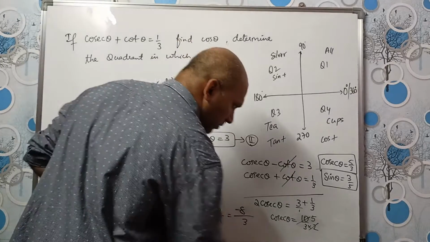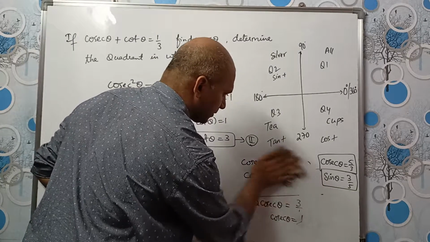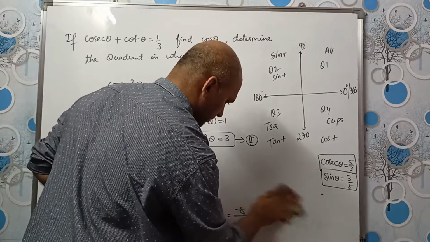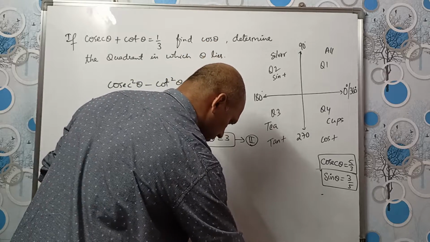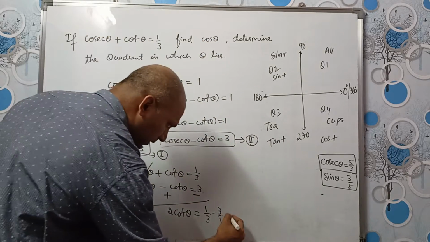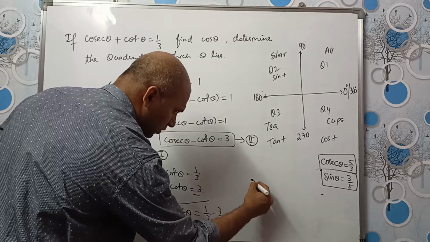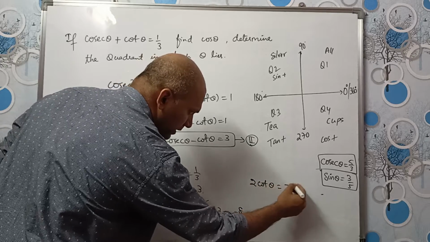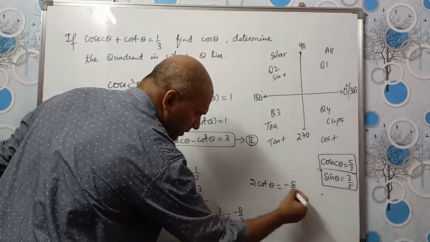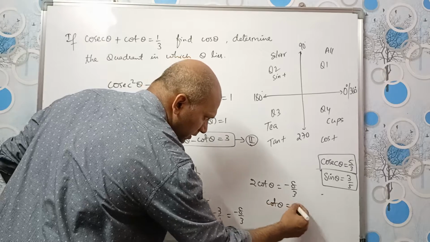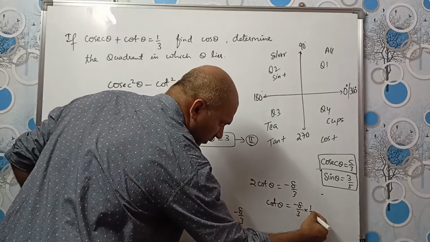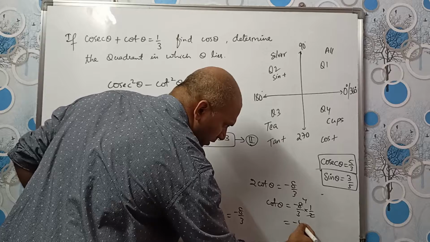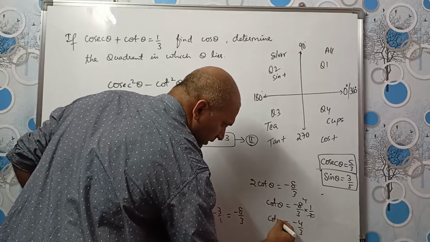We had minus 8 by 3. So 2 cot theta is minus 8 by 3. This 2 goes on the other side: minus 8 by 3 times 1 by 2. So this will be minus 4 by 3.